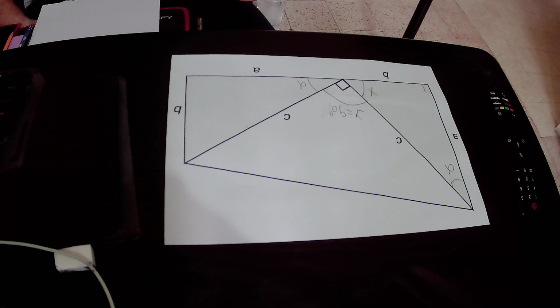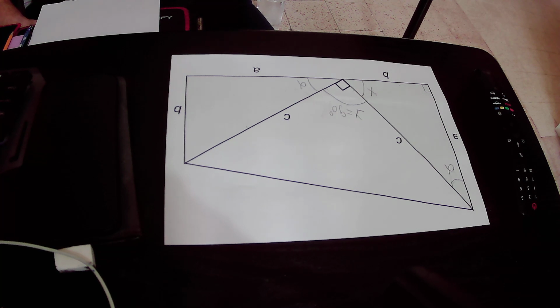Now we will calculate the area of this trapeze in two ways, and actually we will get the same results, and then we will compare the result of the first way of calculation to the result of the second way of calculation, and from that equation we will derive the Pythagorean theorem.